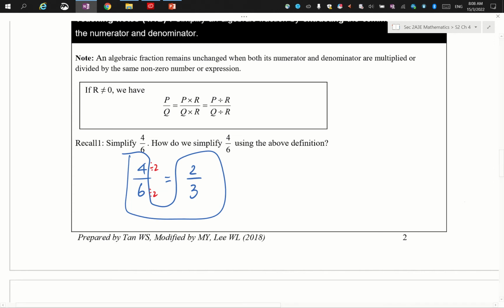Whether you choose to divide both numerator and denominator by the same value or expression, or multiply both numerator and denominator by the same value or expression, you still get back the original expression. They are equivalent.